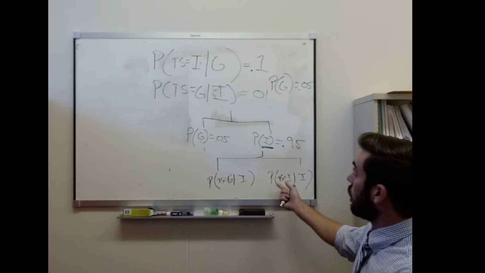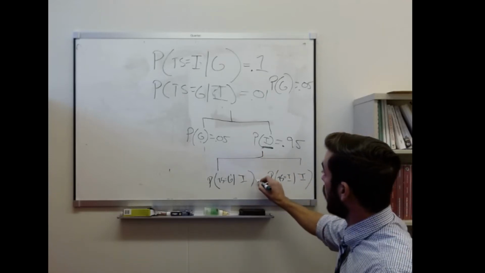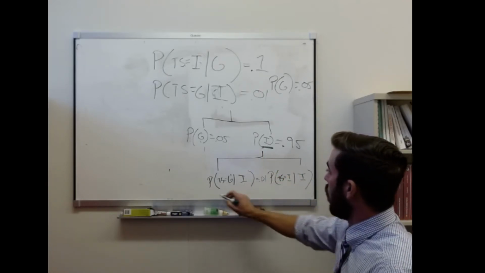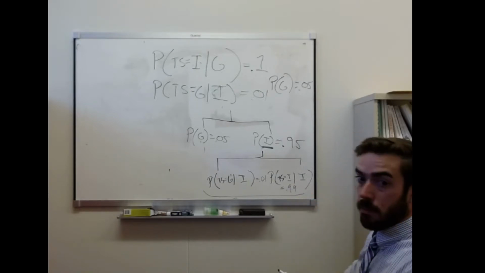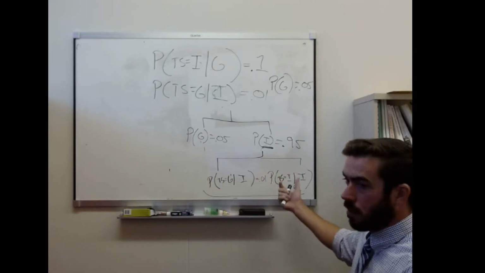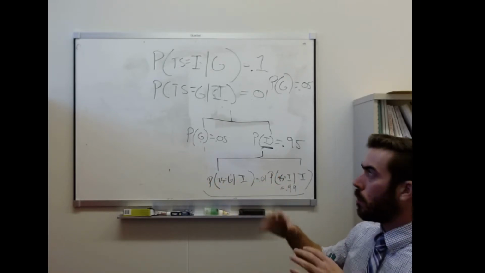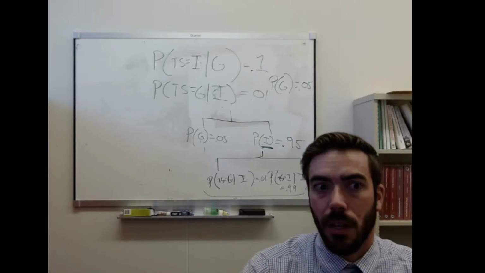Now we were given one of these. If we go up here, given that someone's innocent, the probability they say they're guilty is 0.01. We know that these have to add up to 1, so this one would just be 0.99. Okay? So if we have the other branch, and then in this branch, it didn't have a whole lot of room. I probably could have organized a little better. We need to have all the information we need to answer any question.